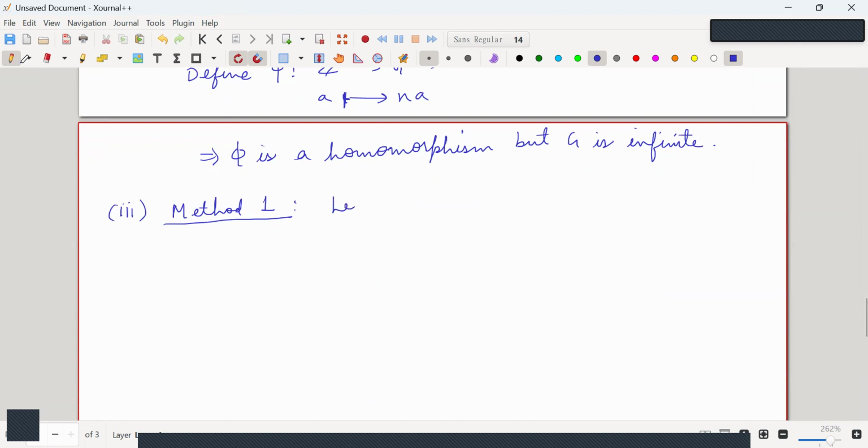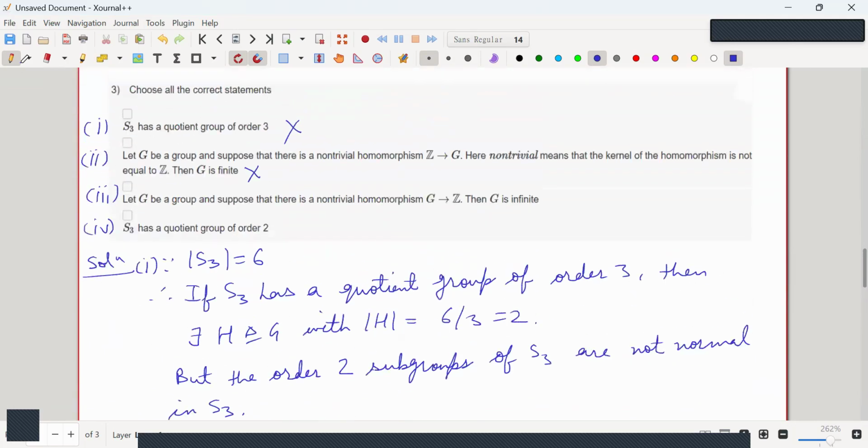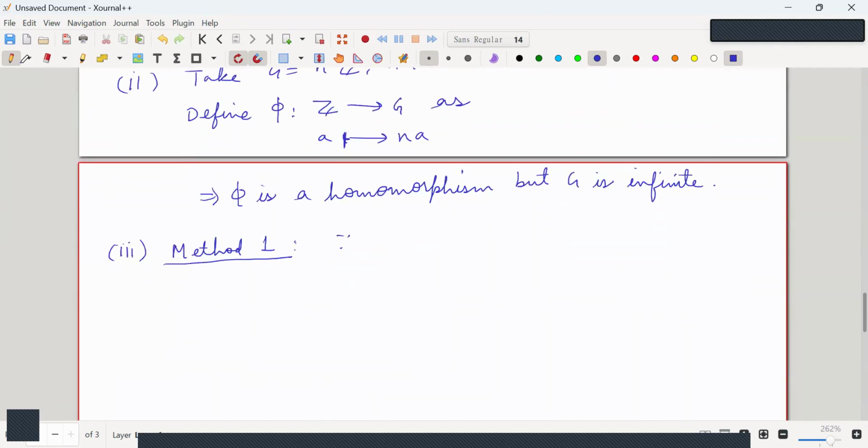So let me just first say that let phi from G to Z be a non-trivial homomorphism.